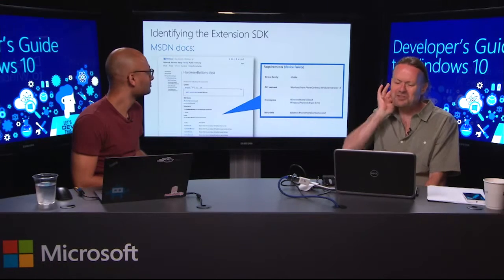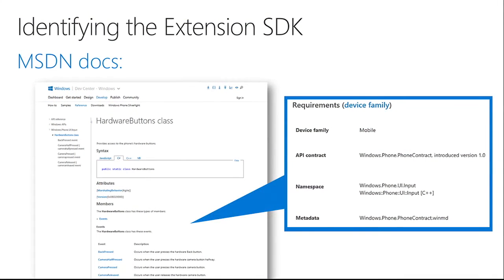Finding out if you've got an API you want to use, finding out if it's in an extension SDK or not: MSDN. Yes, it can be a bit, you've got to go drilling down into the docs really. And if you look at the docs for your class, and then, of course, you'll call it, and then when you run the NuGet package, it will highlight the fact that this is. I suppose that will only work if you've added the extension SDK.